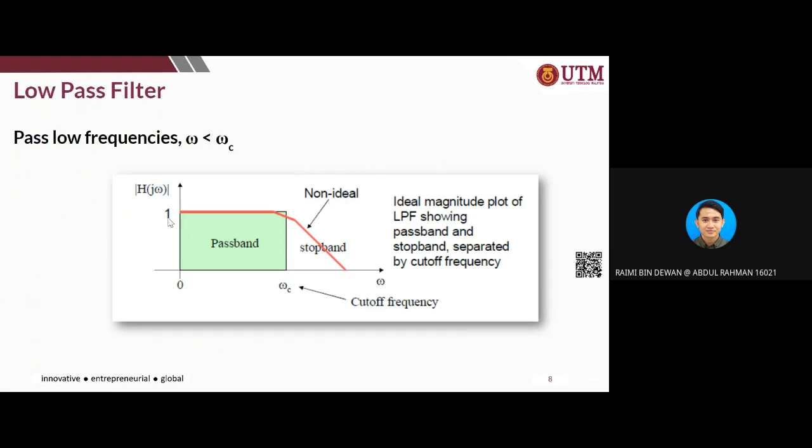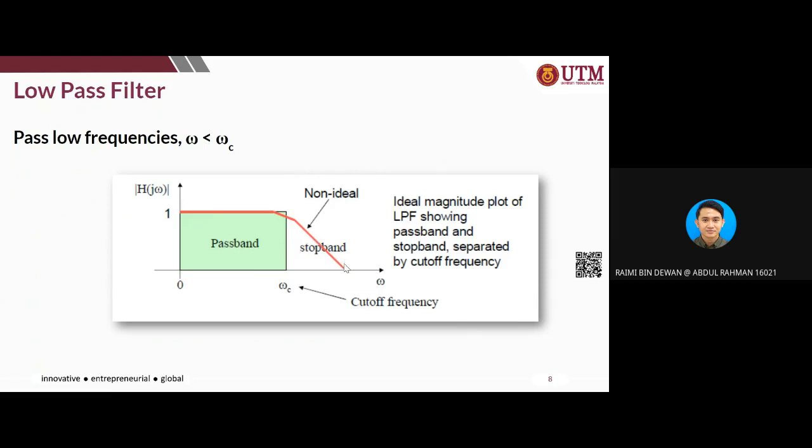You can see here is 1, and this is your pass band. This green box is the ideal low pass filter, which we don't have in real life. What we have is the practical filter, shown by the red color.